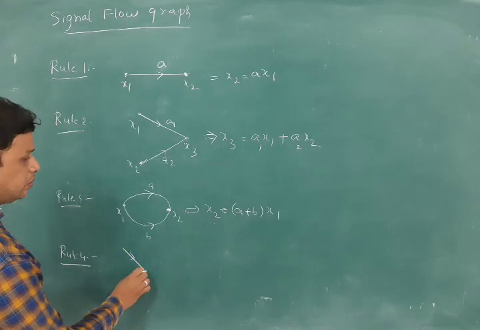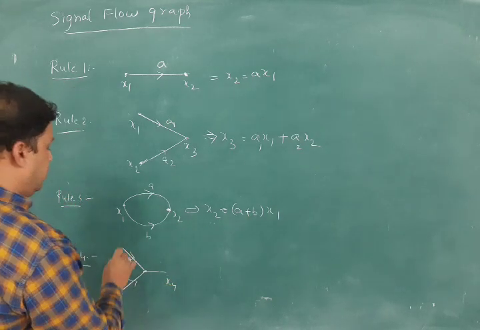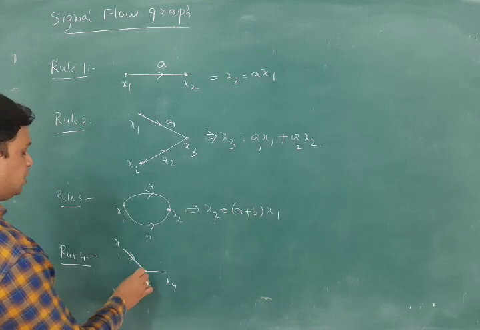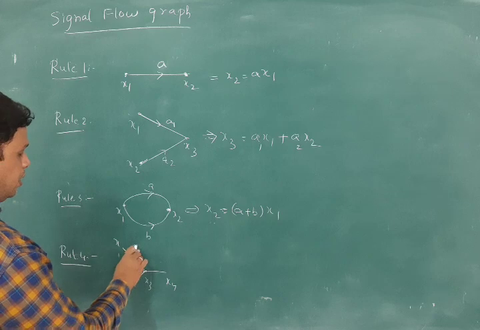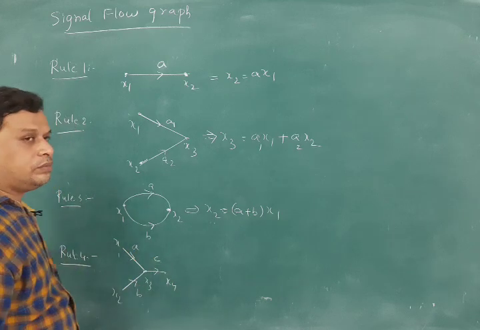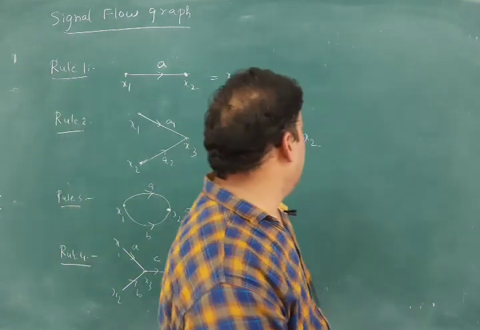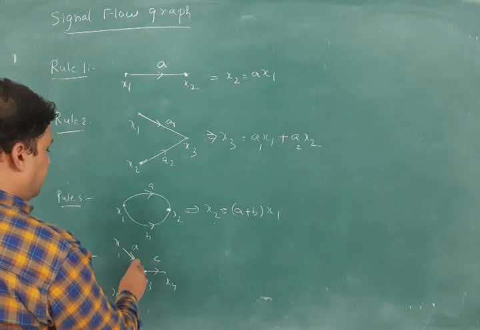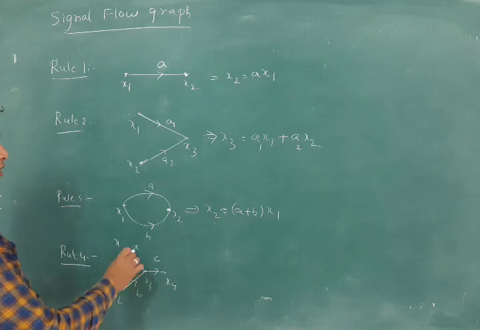Here is x4, here is x1, here is x2, here is x3, and here is this branch. And now we will write here A, B and C. From these particular rules, these are following only one path, x1 to x4. So we can multiply this one.